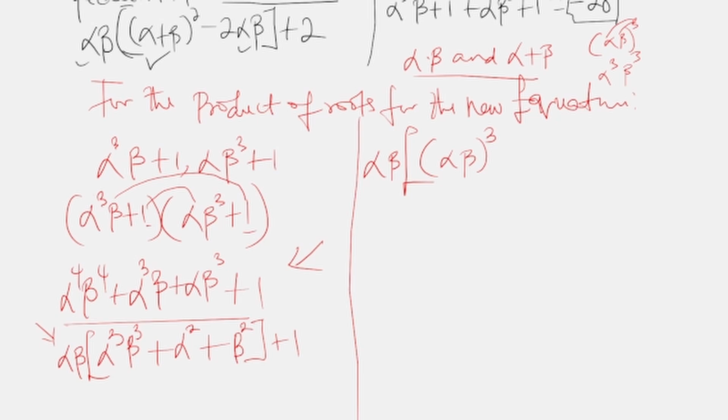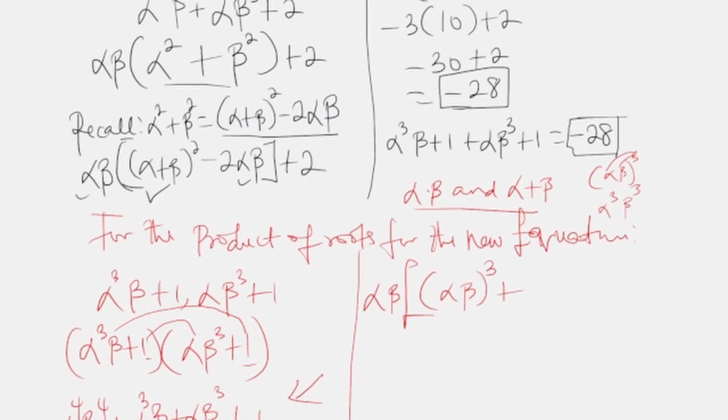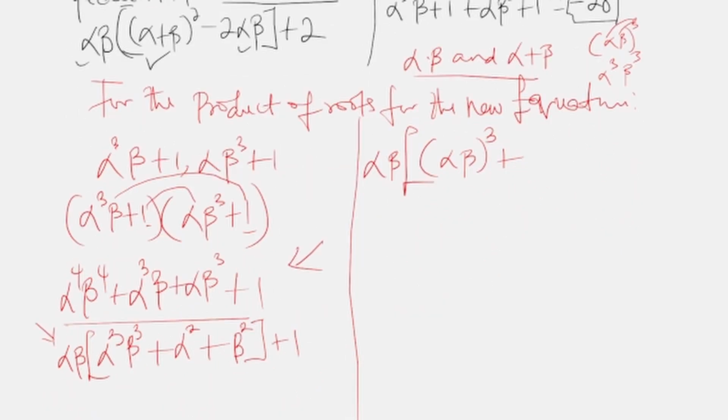In the same way, we have written alpha cubed beta cubed as alpha beta, all in bracket cubed, plus. Now, remember from our last problem, which was a sum, we said that whenever you see alpha squared plus beta squared, it is equal to alpha plus beta whole squared minus 2 alpha beta, right? Now, we have also seen it here again. Here we have alpha squared plus beta squared.